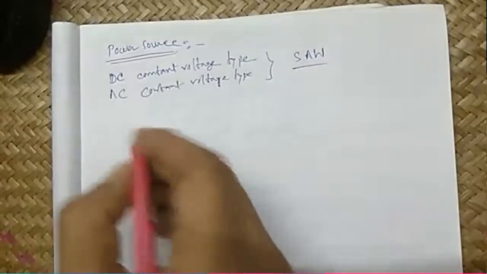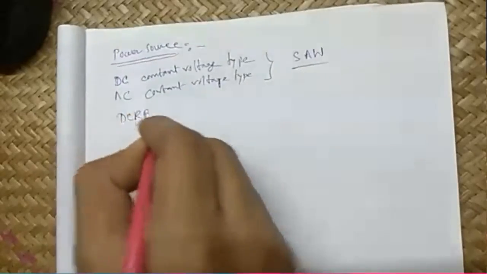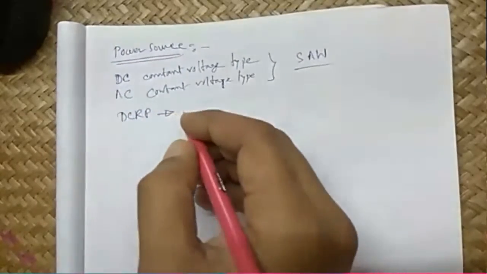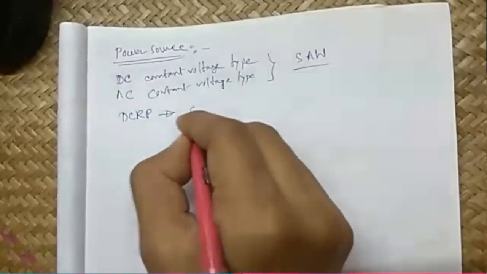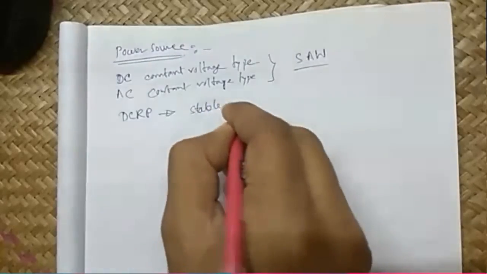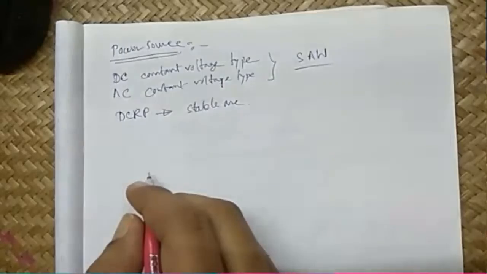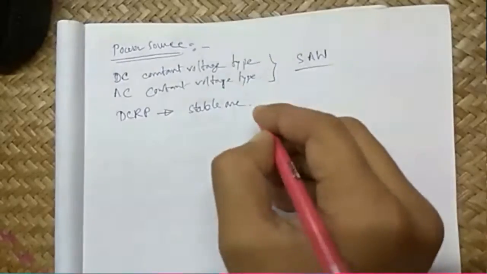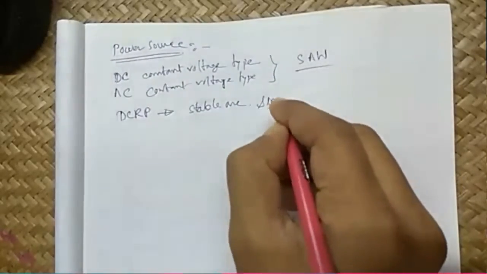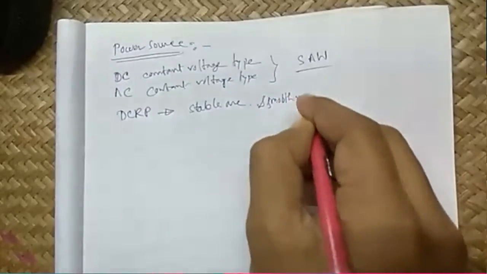Okay. DCRP gives you stable arc and smooth metal transfer.